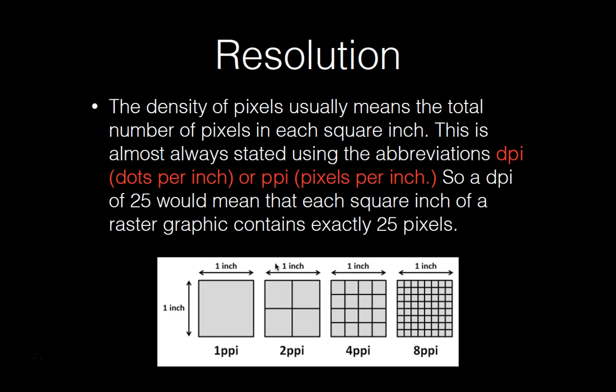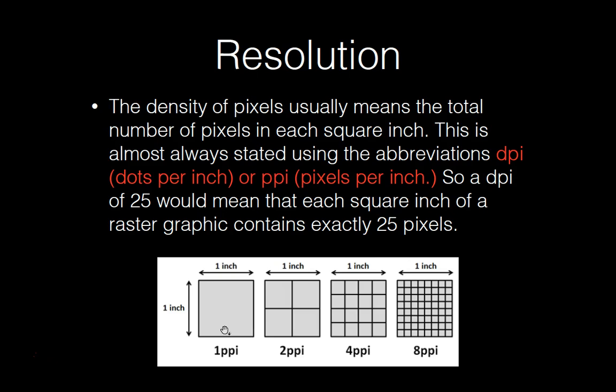If you look at an X and Y axis, every dot is a pixel. If we're looking at something that's 8 PPI, every inch is going to be 8 pixels. For this example, every 4 pixels would be 1 inch, and so on. This is talking about how dense the pixels are.